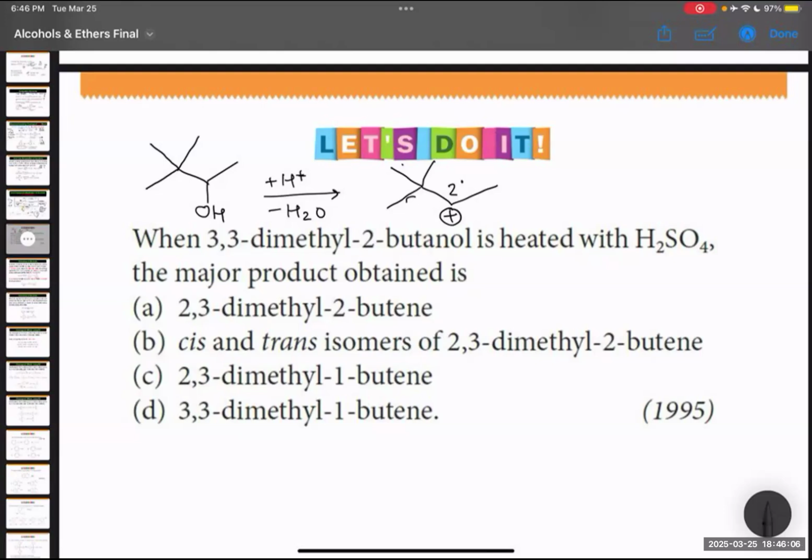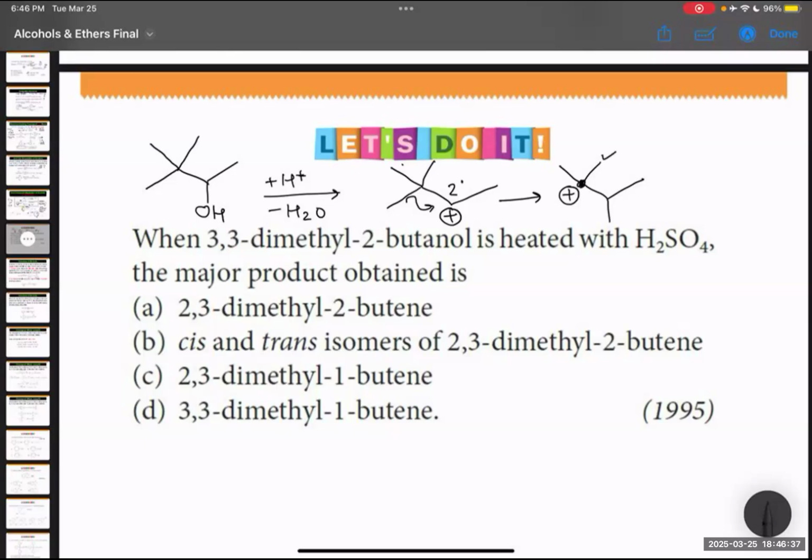The methyl will get shifted onto the adjacent position, because that's how it will become 3-degree. One methyl I will pluck from its position and send it to the adjacent carbon, a methyl shift. Now you have this cation at this carbon.